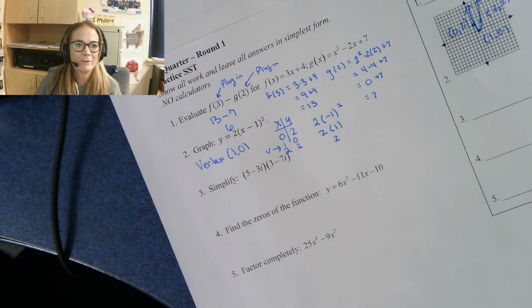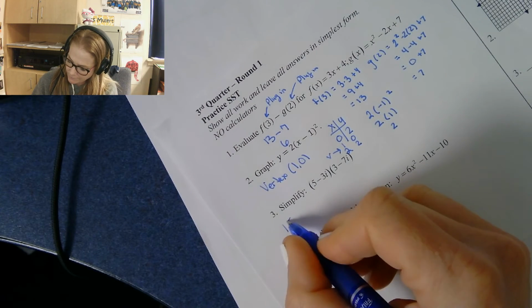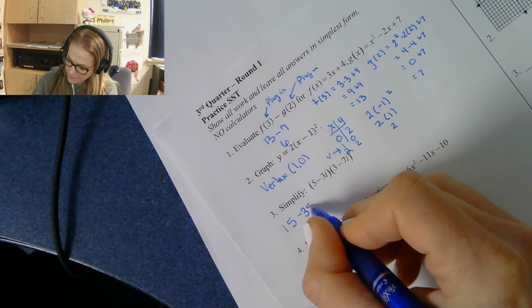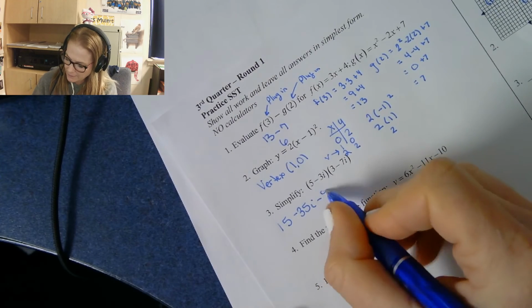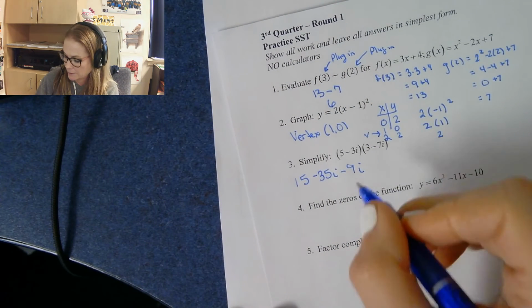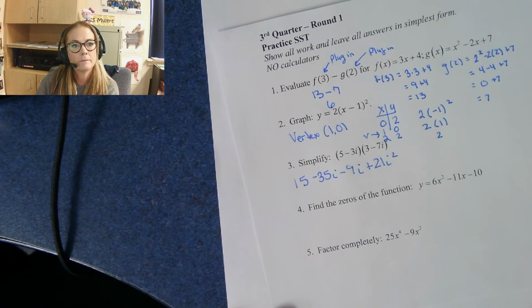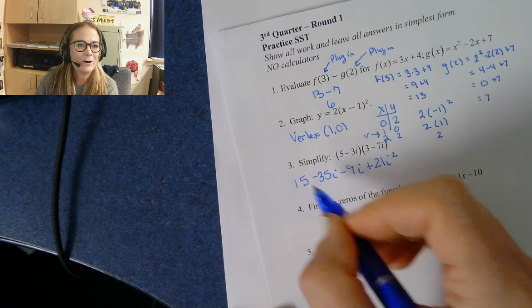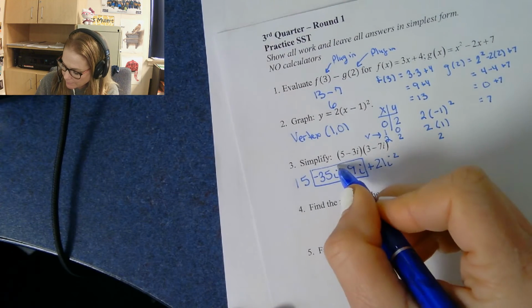Okay, so number 3 is an imaginary, so this is a binomial times a binomial, so we're going to FOIL. 5 times 3 is 15. Outer with outer is minus 35i. Inner with inner is minus 9i. And then last with last is negative 3i times negative 7i, which is positive 21i squared. All right. And so combine like terms, those are like terms, kind of box those.